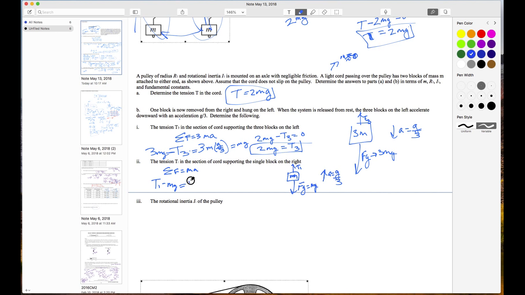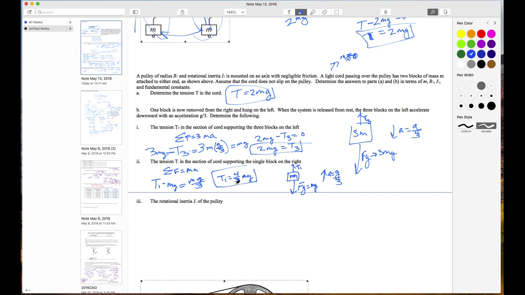That's going to be equal to m times g over 3. If we add mg to both sides, we find that T1 is equal to 4/3 mg. So we have a lighter tension in that right-hand cord, in order to instill an acceleration of g over 3.